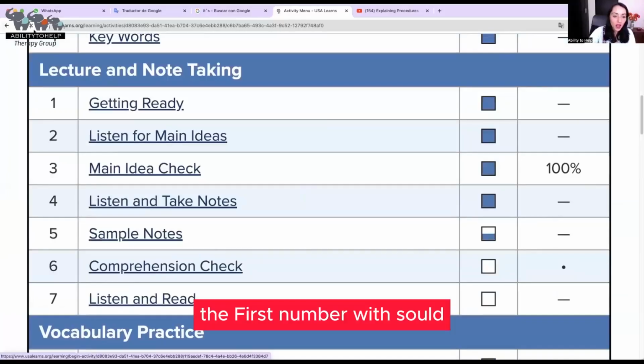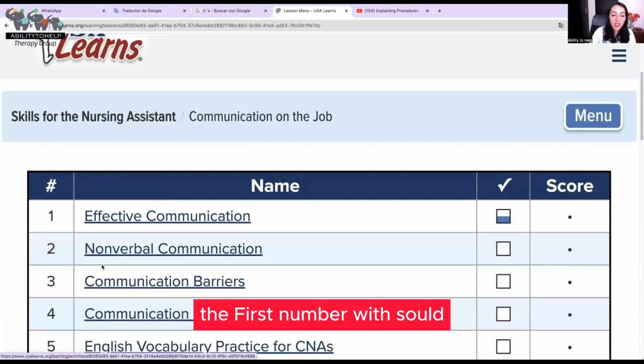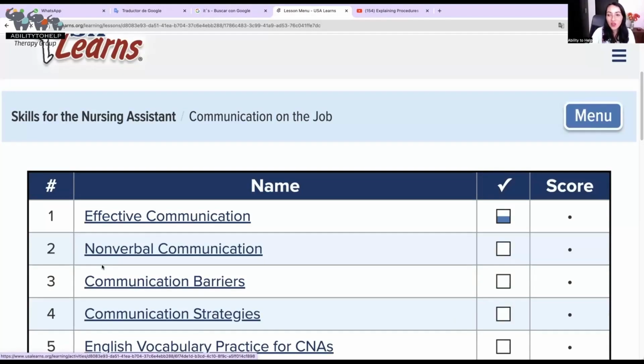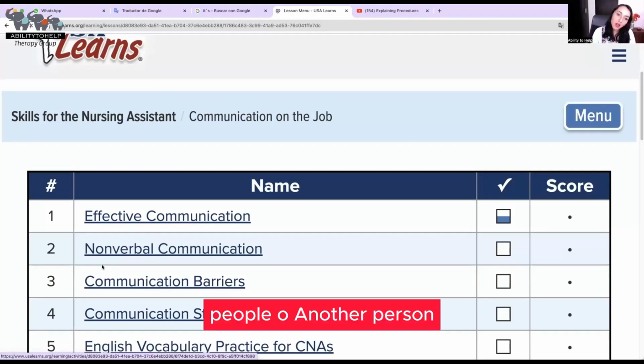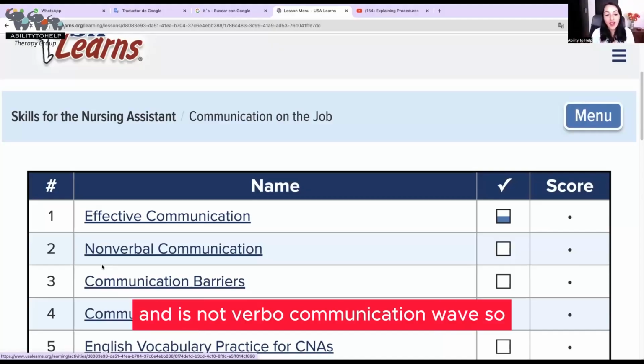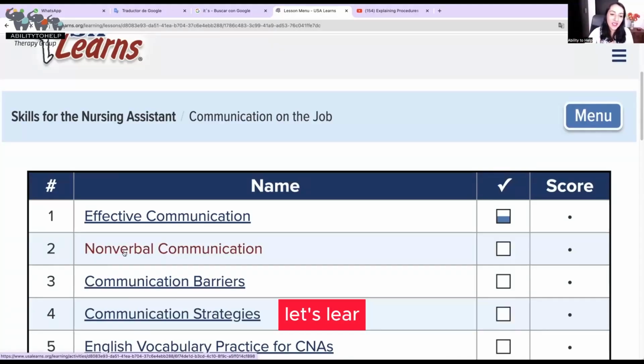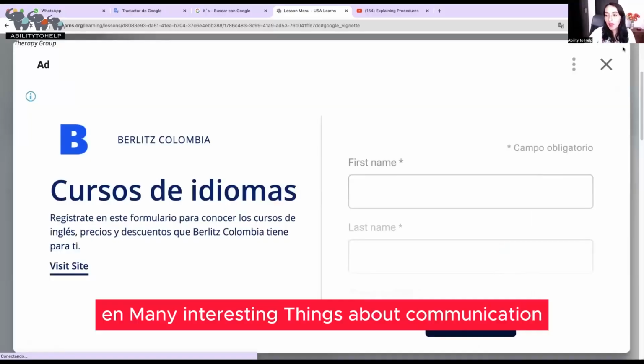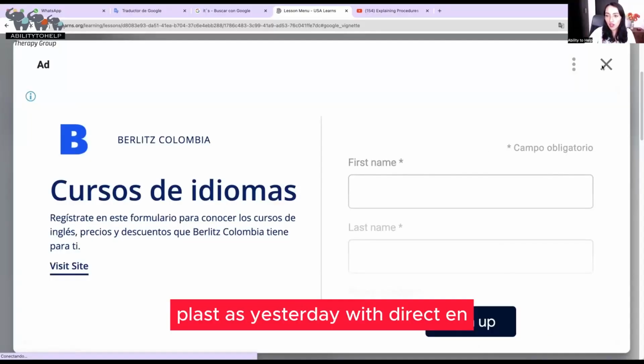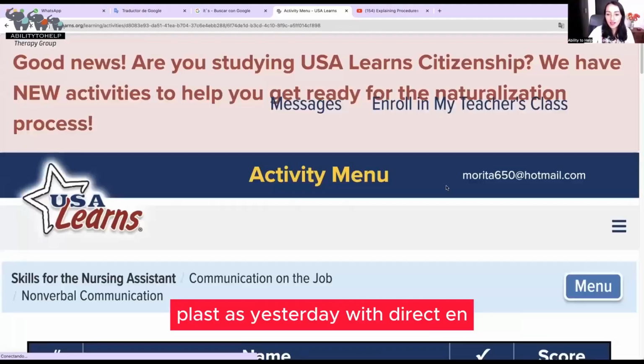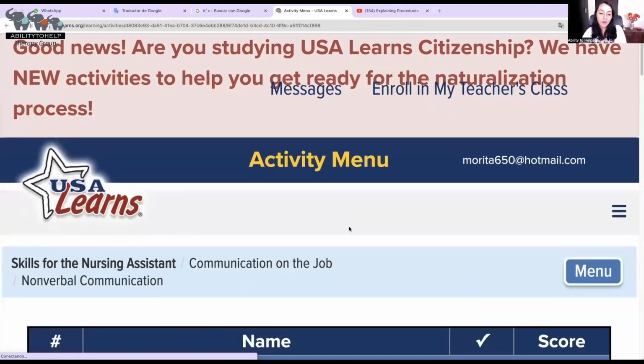So today, I need to continue with non-verbal communication. We have another way to communicate with another person, and it's not the verbal way. So let's learn many interesting things about communication, as yesterday we did.